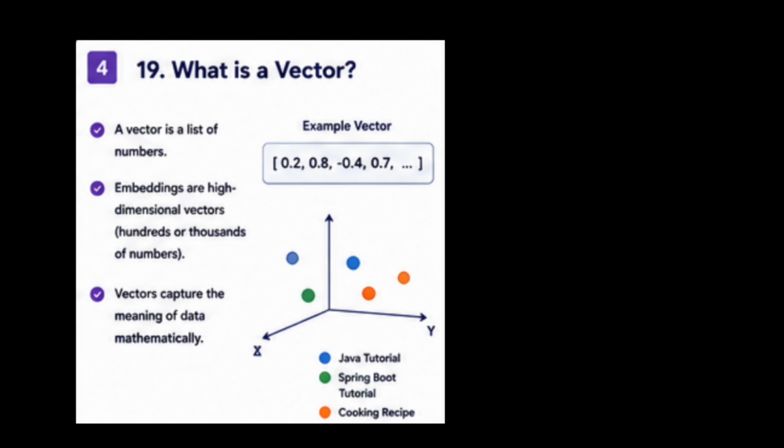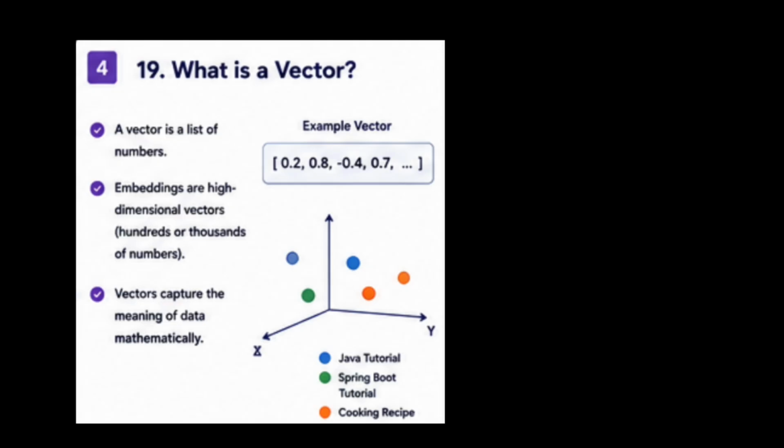What is a vector? A vector is simply a collection of numbers. For example, 0.2, 0.8, minus 0.4, 0.7. This is a very simple example of a vector. An embedding model creates a much larger vector containing hundreds or thousands of numbers. Each number represents some aspect of the data's learned representation.